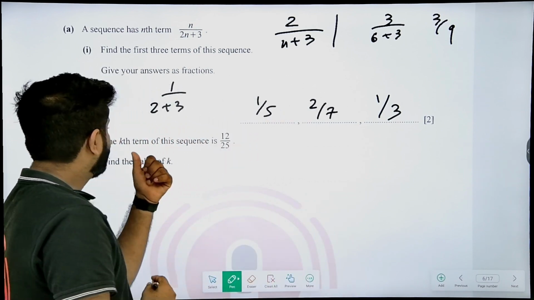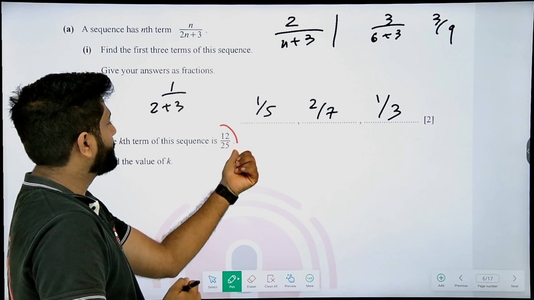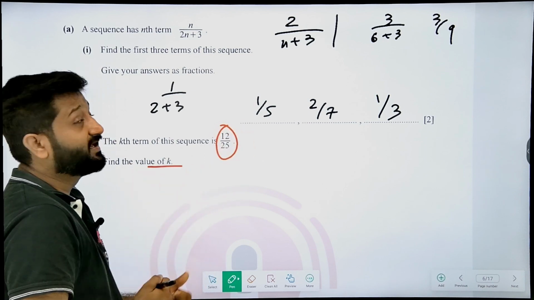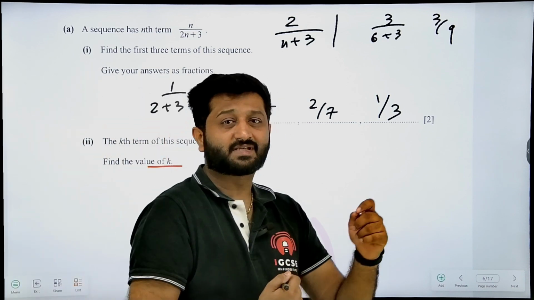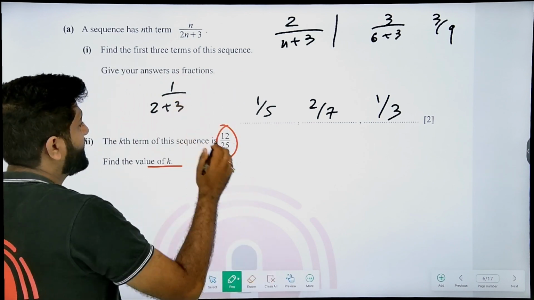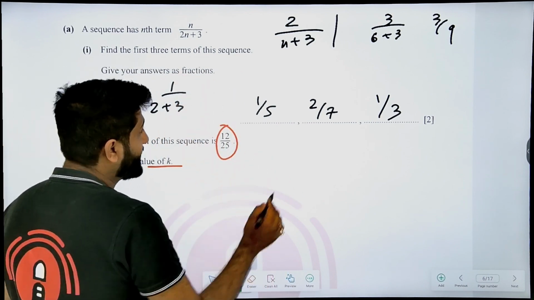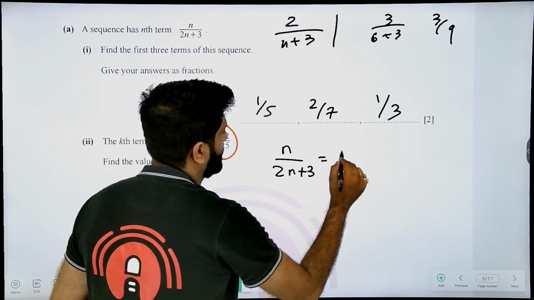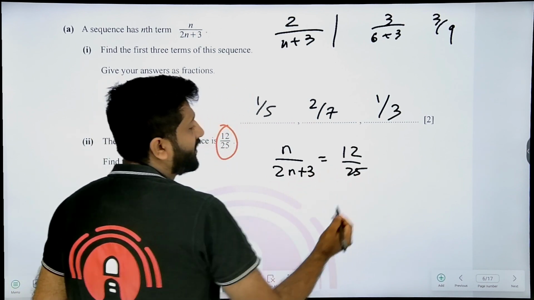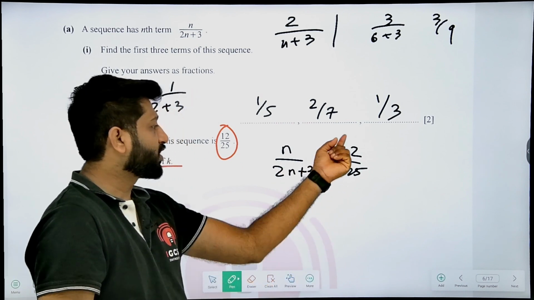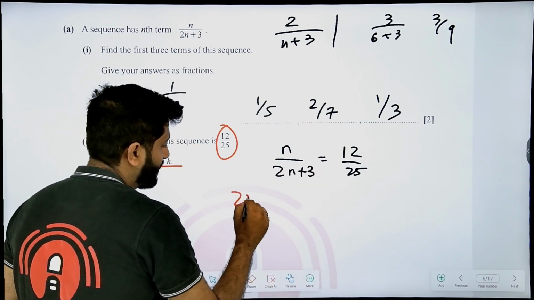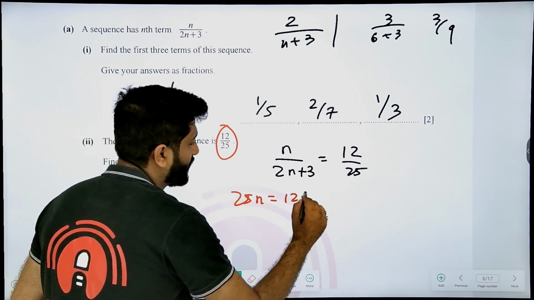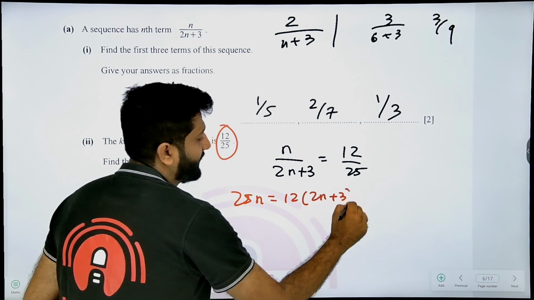Next question. The kth term of the sequence is 12 over 25. Find the value of k. So what I'll do is, I'll just have to equate. So I have n over 2n plus 3 equals 12 over 25. Let me do cross multiplication. So you have 25n is equal to 12 times 2n plus 3.